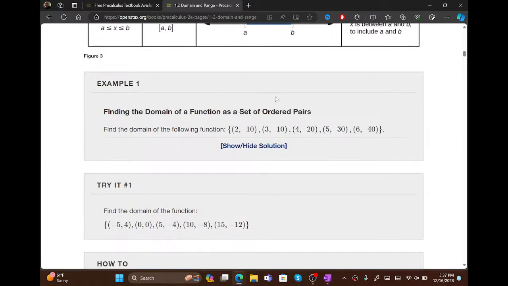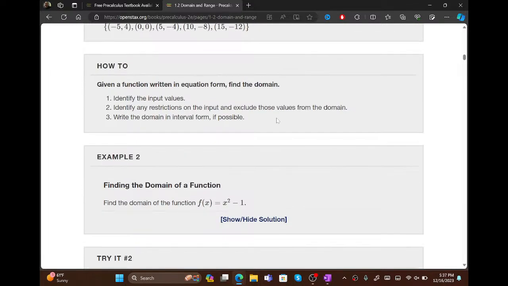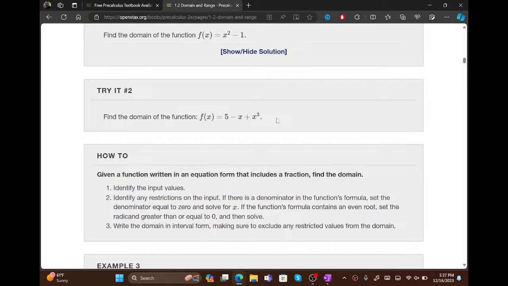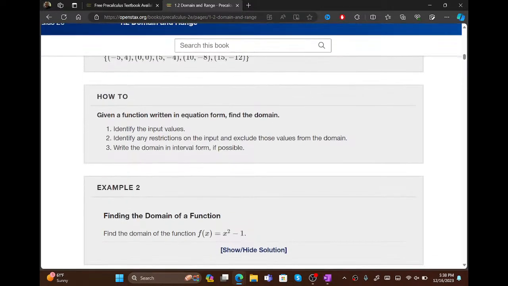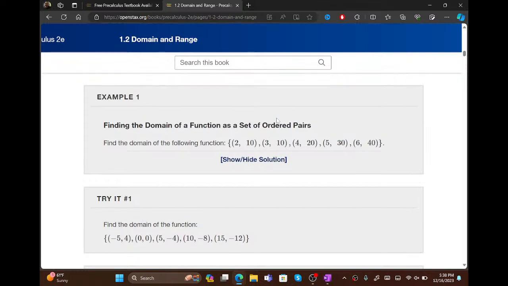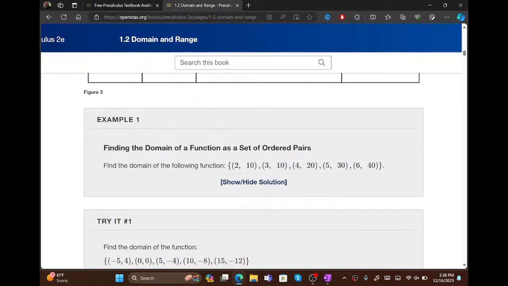Now we're going to go over some examples, and I am going to do this first one, and we want to state this as a set.